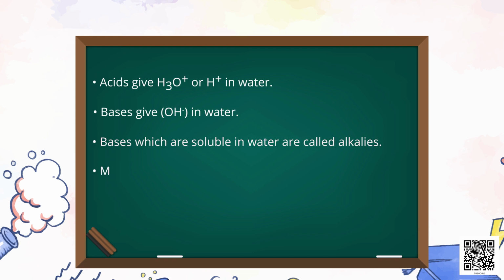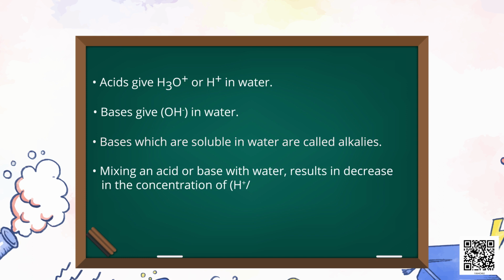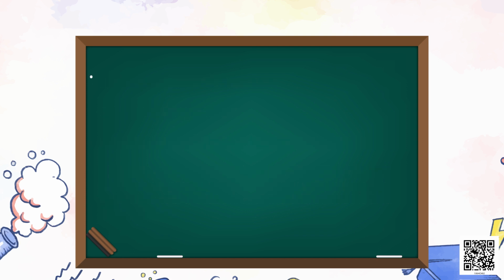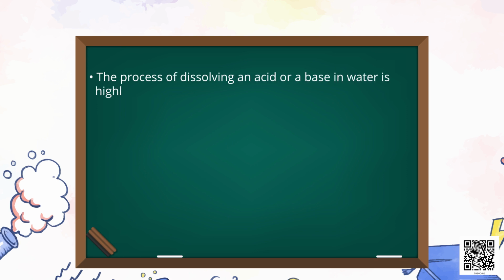Mixing an acid or base with water results in decrease in the concentration of hydrogen or hydroxide ion per unit volume. This process is called dilution, and the acid or the base is said to be diluted. The process of dissolving an acid or a base in water is a highly exothermic process.